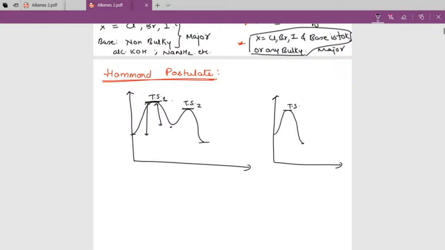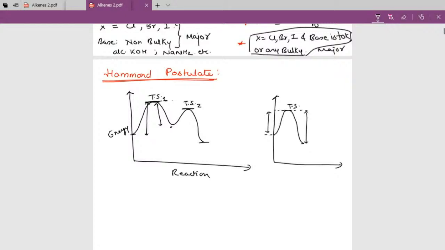Please maintain that this side is energy, as usual, and this side is the reaction coordinate, the time with which the reaction is proceeding. So from here you can see that the transition state is having a lesser energy gap with the reactant as compared to the product in exothermic. In endothermic, it is having a lesser energy gap with the product rather than the reactant.